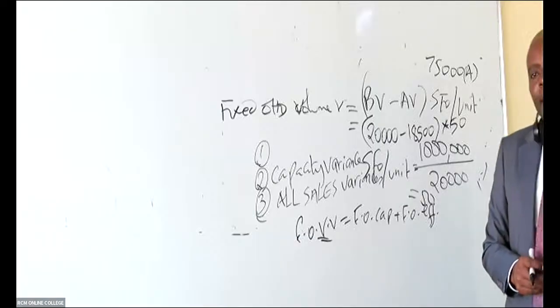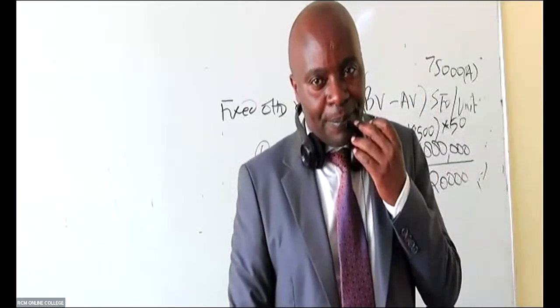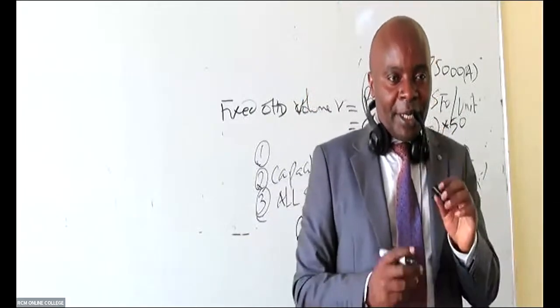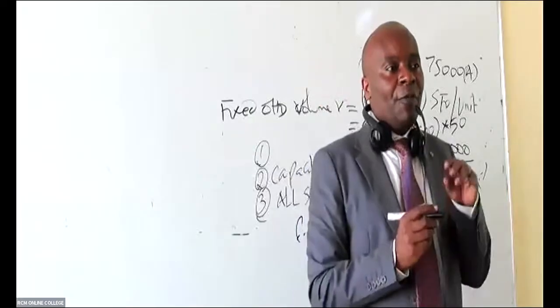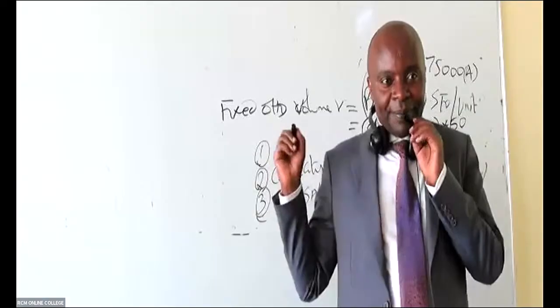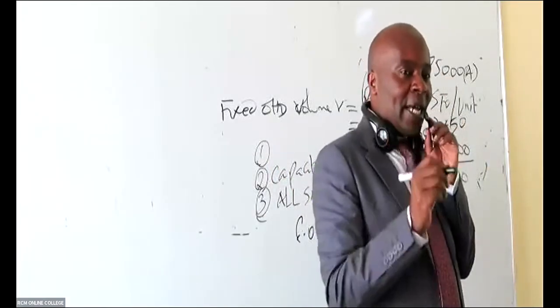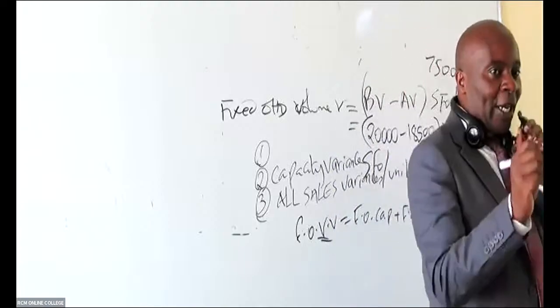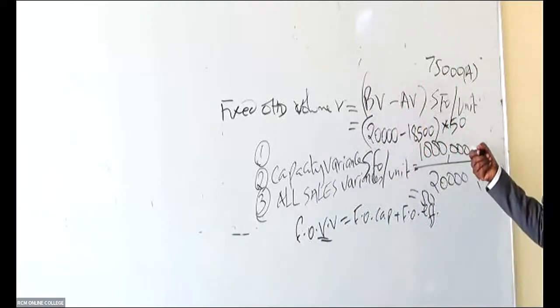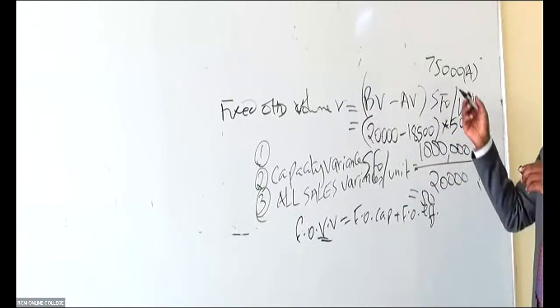Now, when we say there are exceptional variances, does it mean that they are very difficult to compute? No. It means that all positive variances are favorable, except these ones. So now, this one here, you got a positive variance of 75,000.